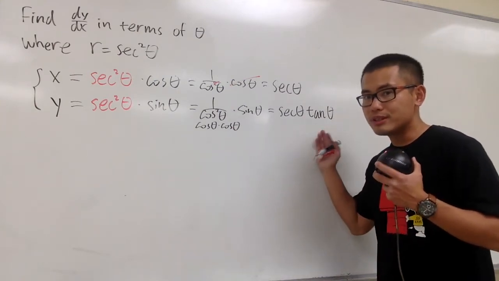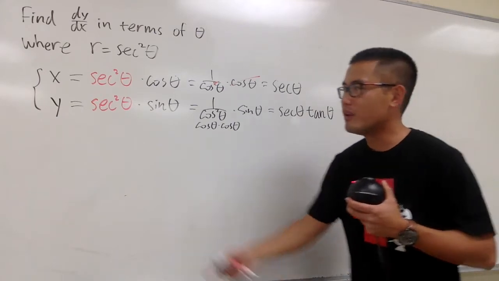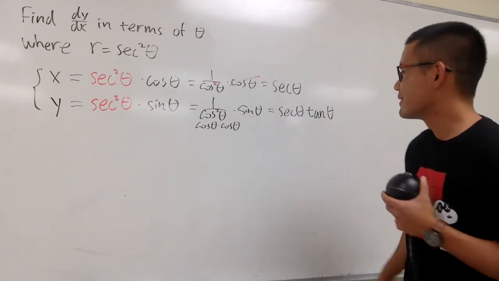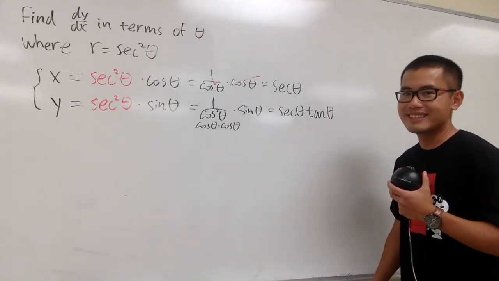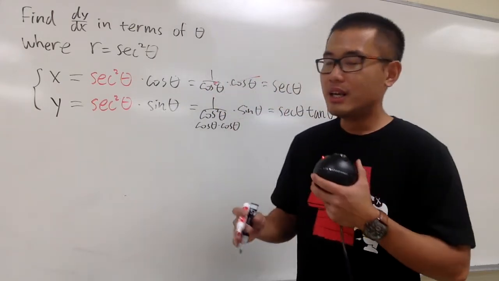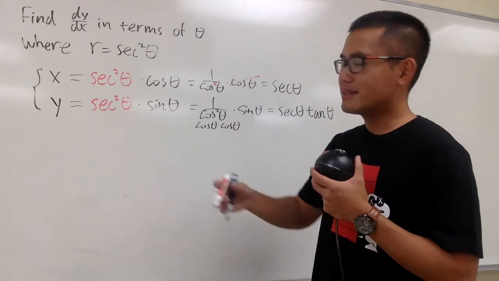If you do this, you don't have to worry about the power, because when you take the derivative of something to a power, especially a trig function, sometimes it can be tricky, right? So in my opinion, this will be preferred. All right, so we are good to go. In order for us to find dy/dx, we have to find dy/d theta and dx/d theta, right?